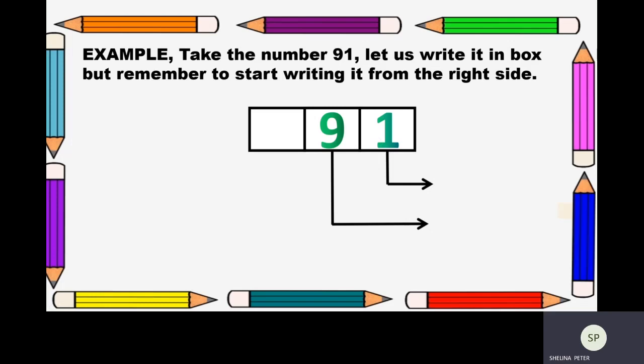There are 2 digits, and let us find out what is the name of each digit. Very good. One is at ones place. And 9 is at tens place. Well done.